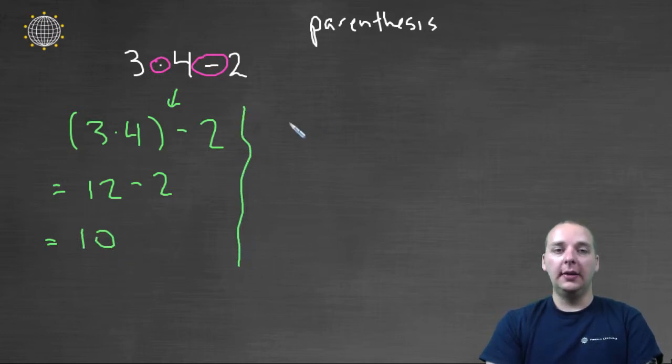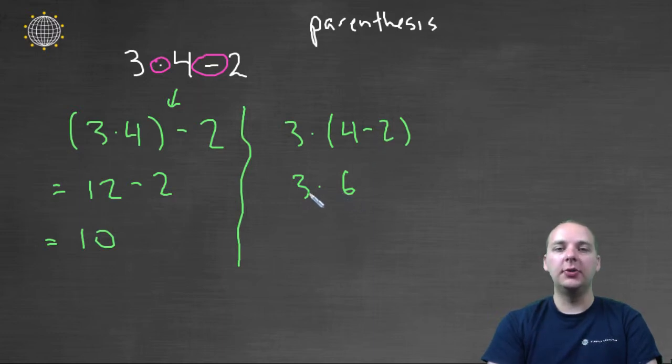But if you meant 3 times parentheses 4 minus 2, then this would mean 3 times 2, because 4 minus 2 is 2, and 3 times 2 would give you 6, which is a different answer.